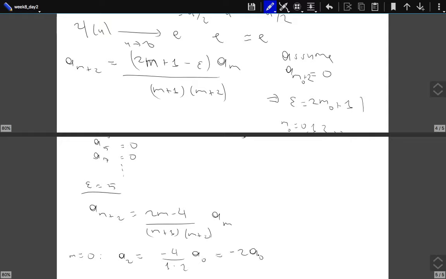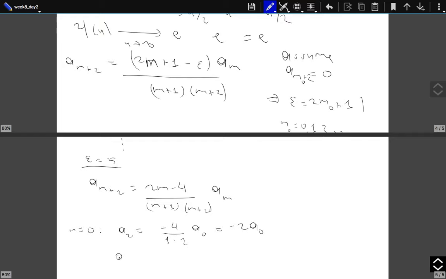This is minus 2 A0. A4, this is m equal to 2. A4 will be just 0. I only have two terms. I have A0 which is non-zero, A2 that is non-zero, A4 is 0, A6 is 0. All the rest are 0. So my solution is, let's choose A0 to be 1, so that is 1, plus A2 u squared, A2 is minus 2, minus 2u squared.